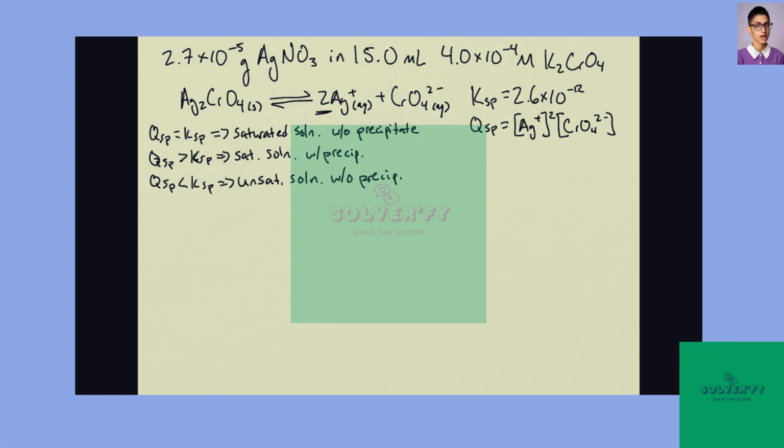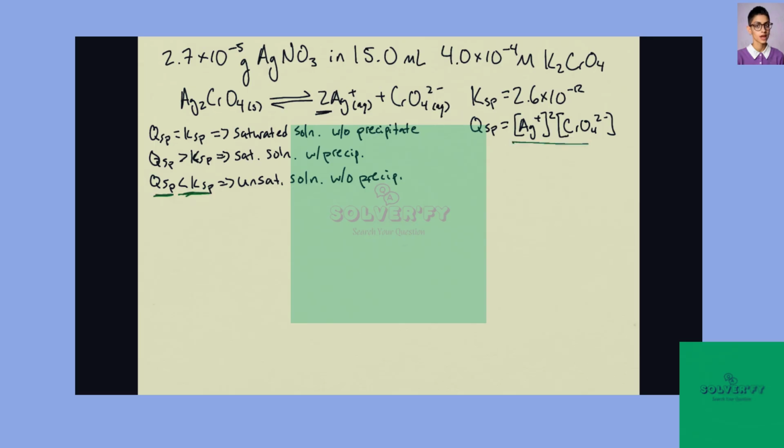Just to quickly explain this, if our QSP is greater than our KSP, that means we have more of these ions here. So by Le Chatelier's principle, our reaction here will shift to the left. If our QSP is less than our KSP, then the opposite happens.